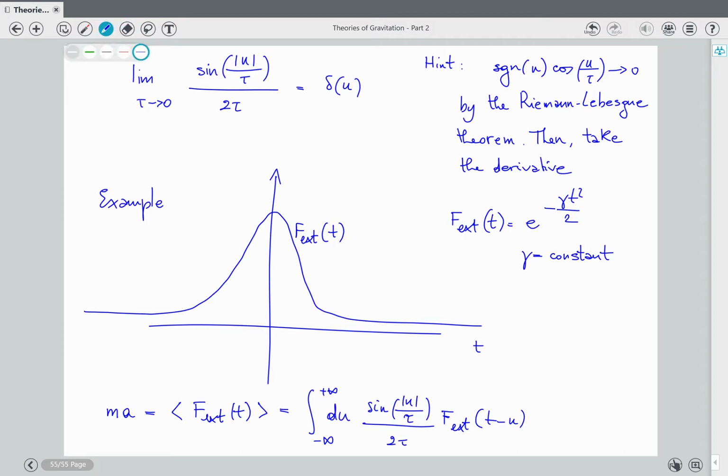Then you can plot it in some cases, and you will find something like this. And if tau is very small, you will not be able to feel the difference.